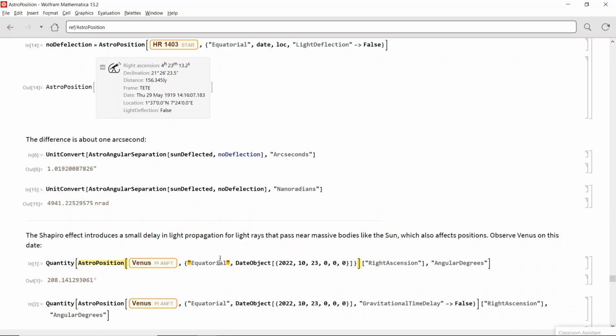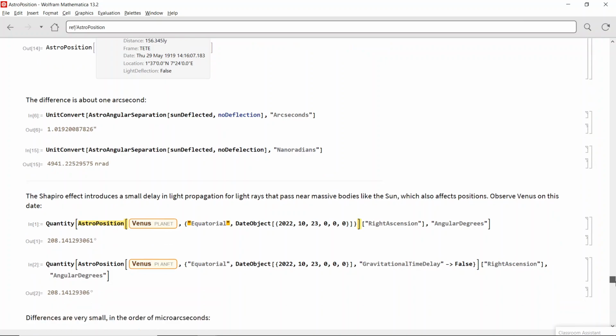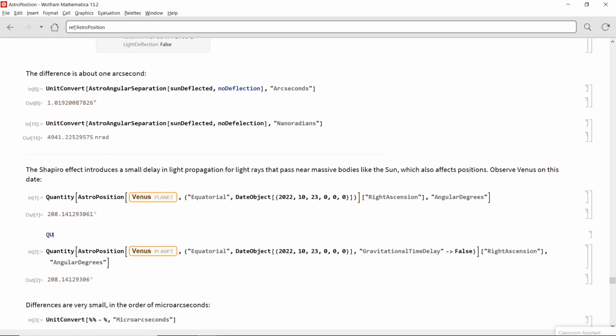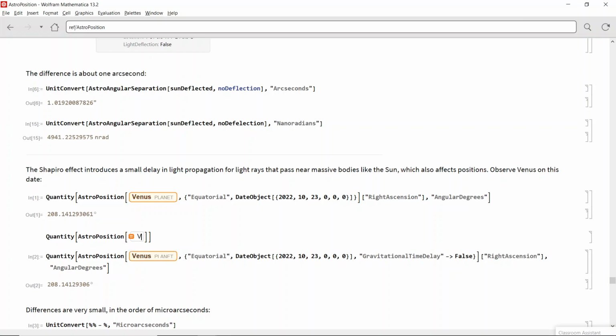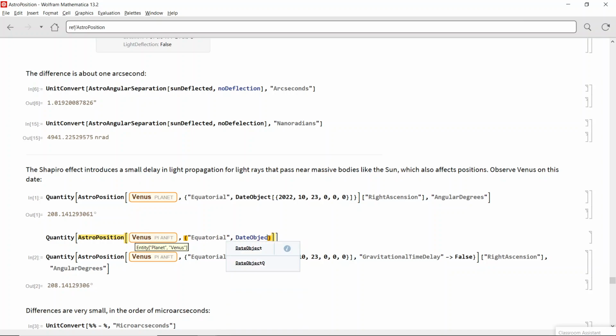Observe Venus on this date. Quantity, AstroPosition, Venus, equatorial, date object 2022 10 23 0 0 0.